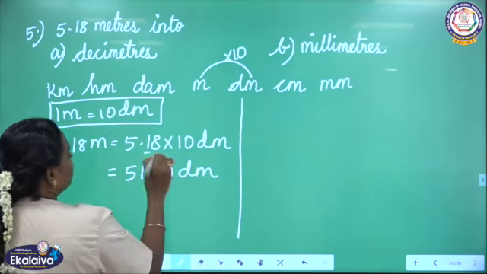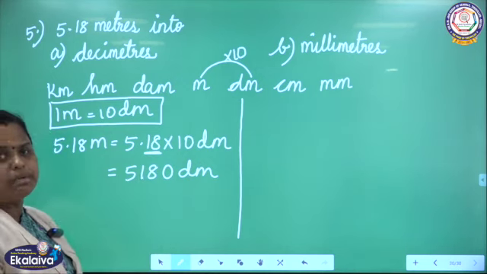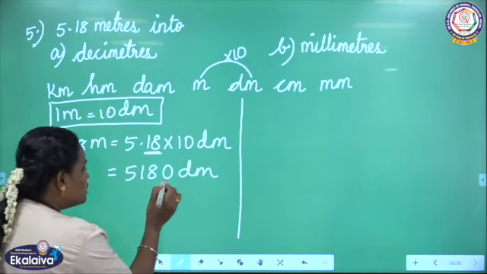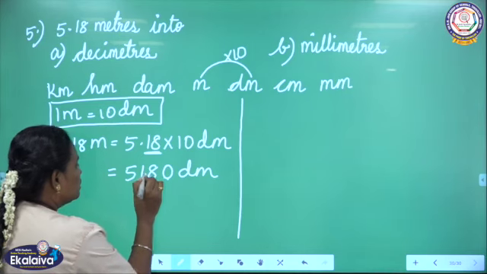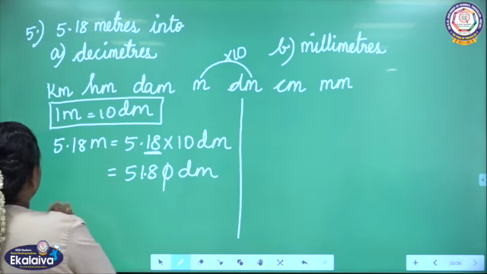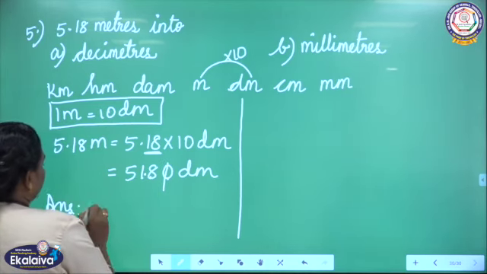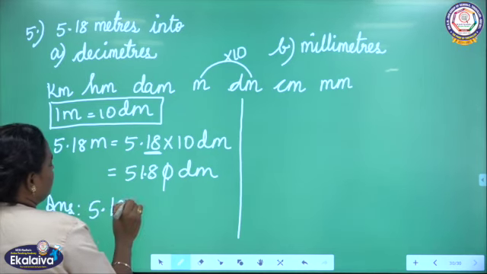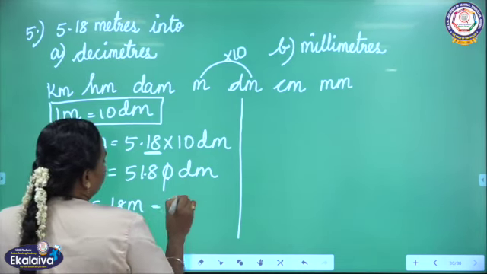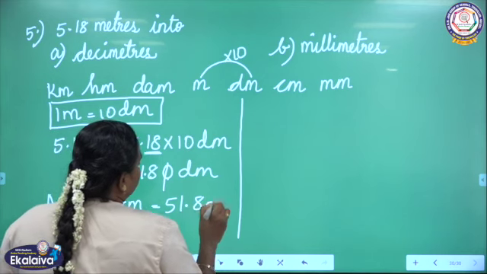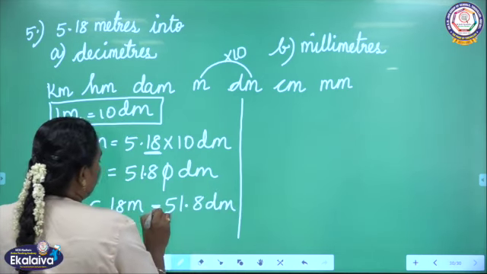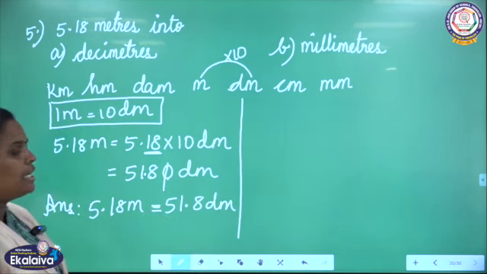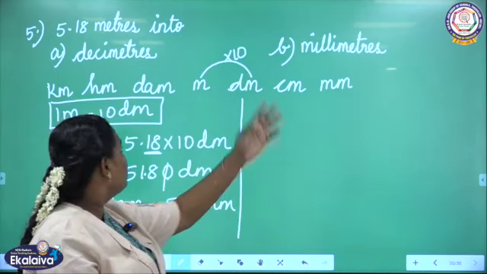How many decimal places here? 2 decimal places. Leave 2 digits from the back, 1, 2. Tell me the answer now. 5.18 meter equal to 51.8 decimeter.